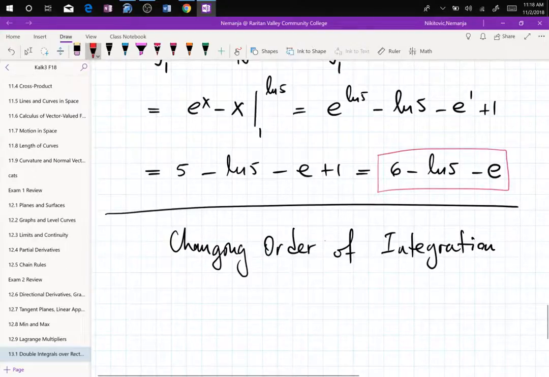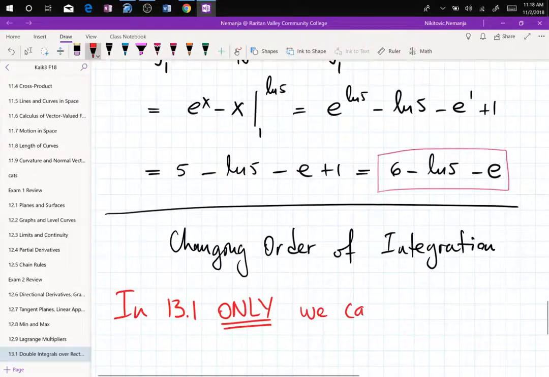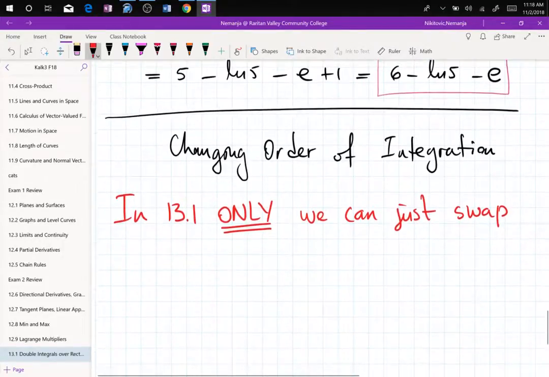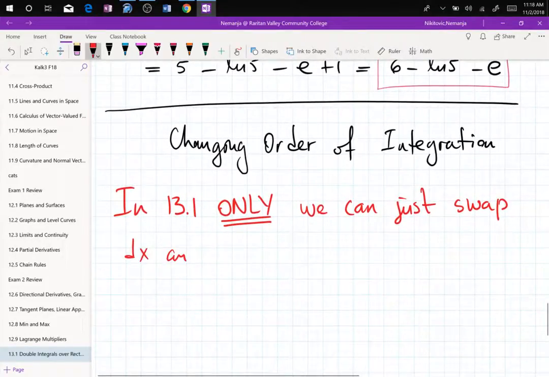And I'll write this in blood. In 13.1 only, we can just swap dx and dy, which implies swap limits on integrals.